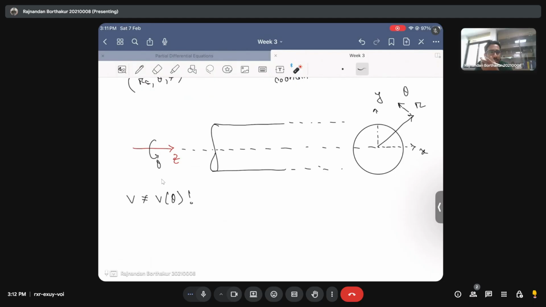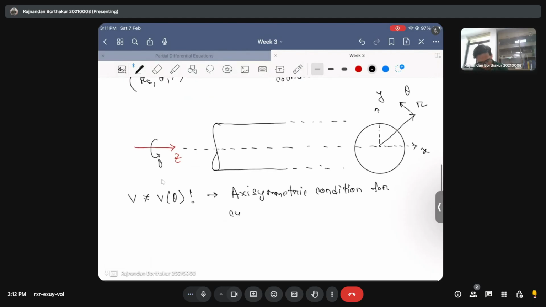Or in other words, if we go by the coordinates, then I can say that my flow field, or whatever variables I'm looking at, it can be flow field, it can be scalars like temperature, density, whatever it is, they are not a function of theta. This is what is the meaning of axisymmetry. So this is typically what is meant by the axisymmetric condition for cylindrical coordinates.